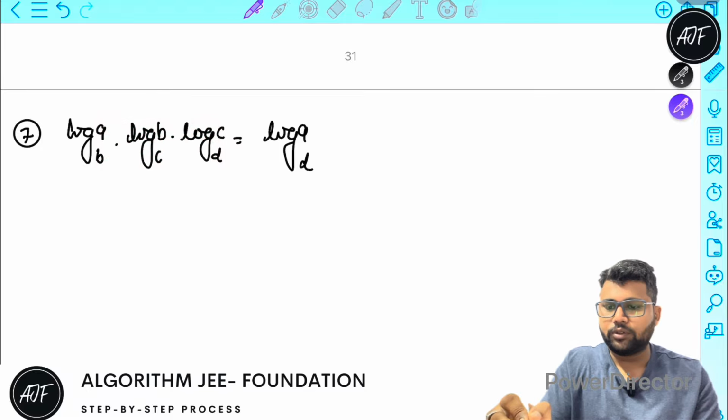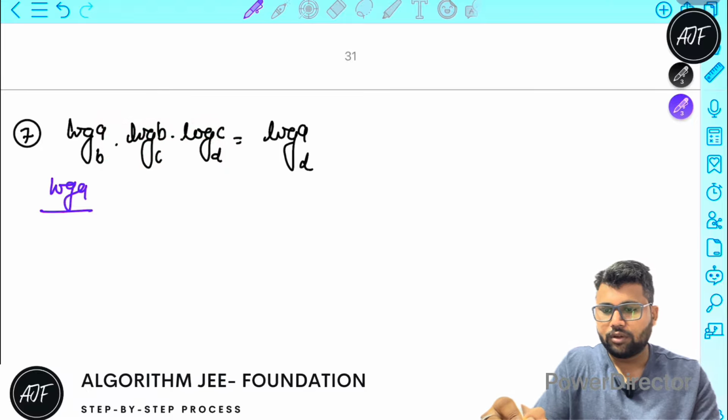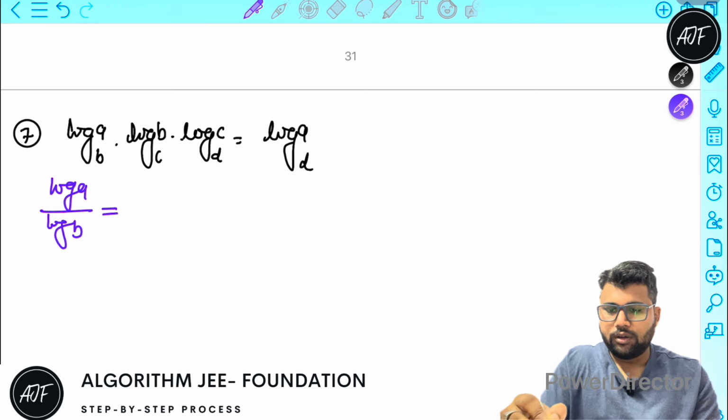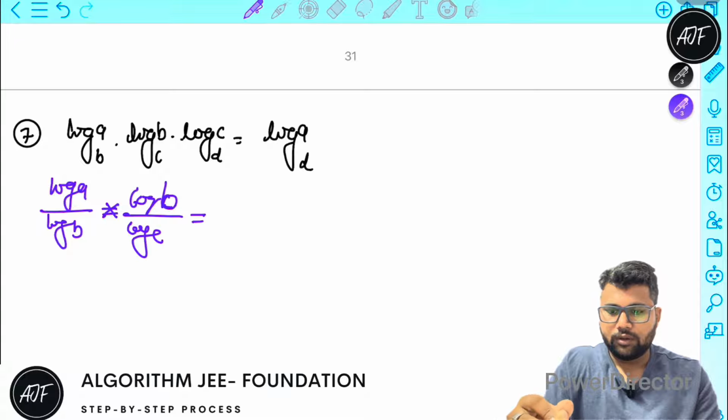That is a proof. If you see the proof, log a log b is the same, you can convert it to log b log c multiplied by log c log d.